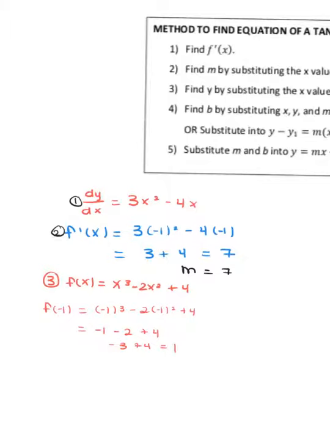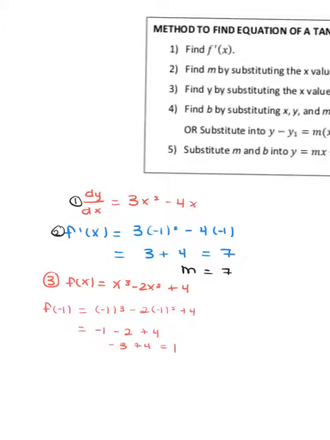When you find the instantaneous rate of change, that is the slope of the tangent line, so you need to find the y value of the point where your tangent line crosses. It crosses, we know, at an x value of -1. We find the y value, which is 1. So the point that the tangent line crosses through is -1, 1, and the slope of that tangent line is 7. So now you can do y equals mx plus b.